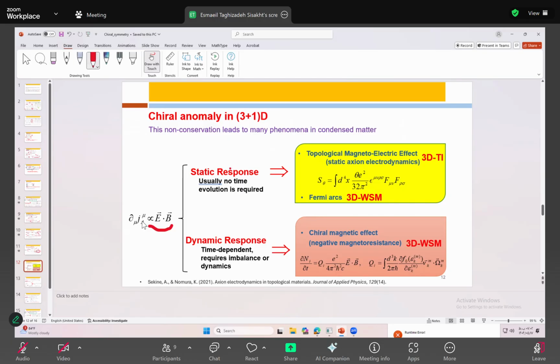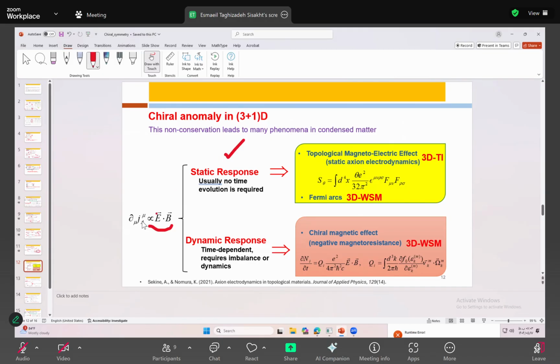For example, if we focus on the static response in the topological material, then this term can be the source of some properties like a topological magnetoelectric effect, and that is related to a kind of dynamics that is called axion electrodynamics.